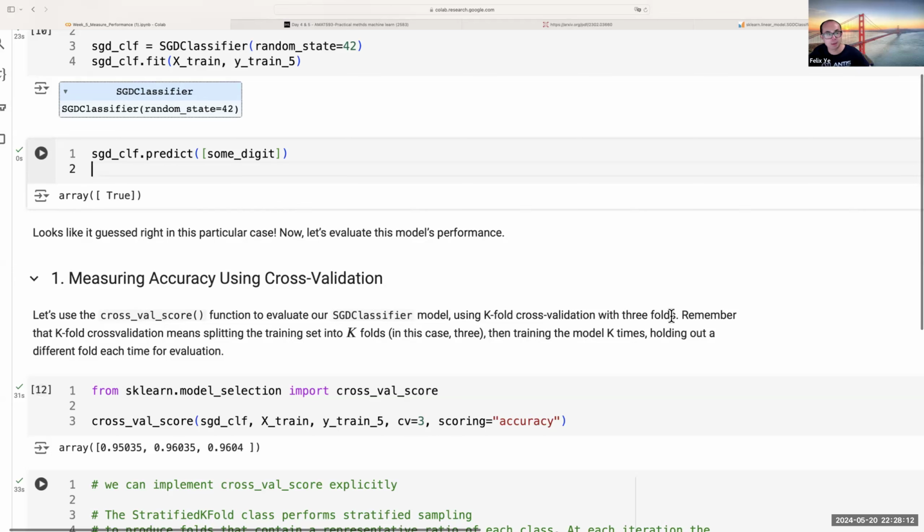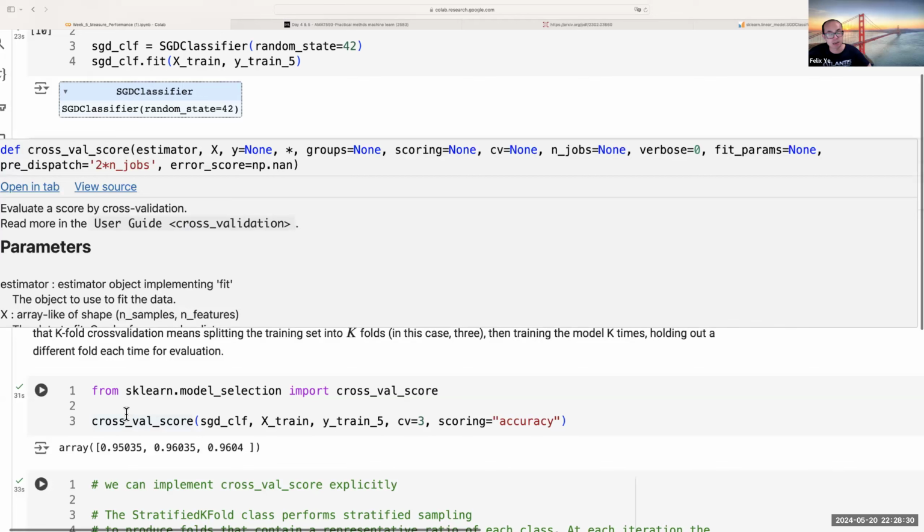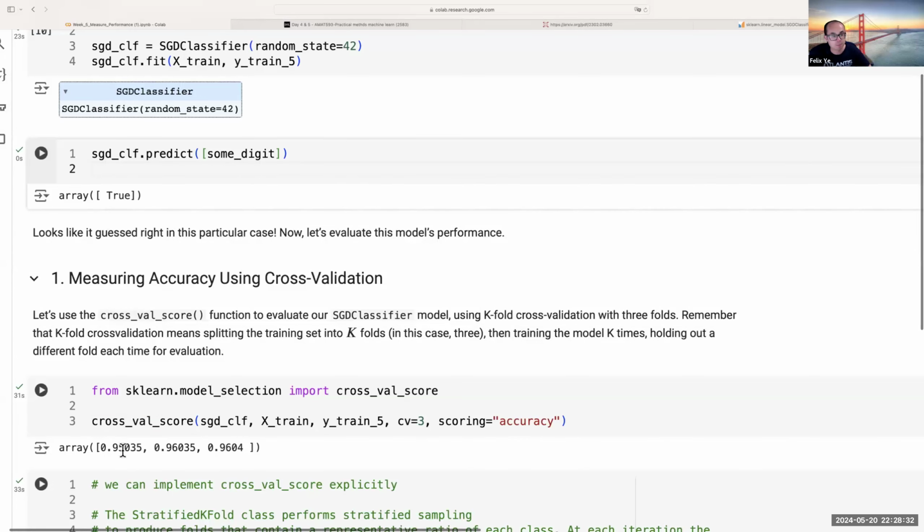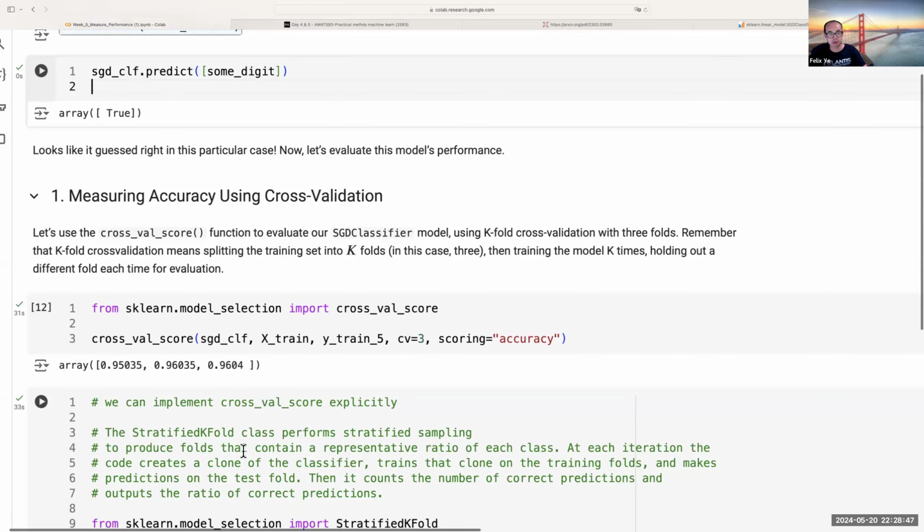If we do k-fold cross-validation using cross_val_score, this sentence right here just explains what k-fold cross-validation is. It gives us three different validation values: 0.95, 0.96, and 0.96. These three values are quite close to each other, and the result looks pretty good.